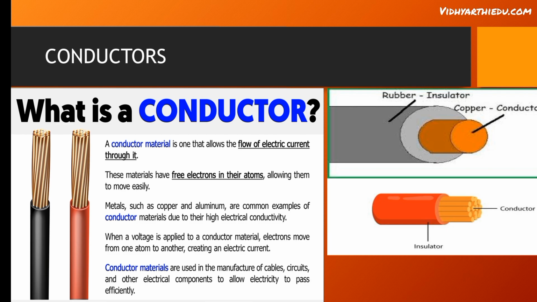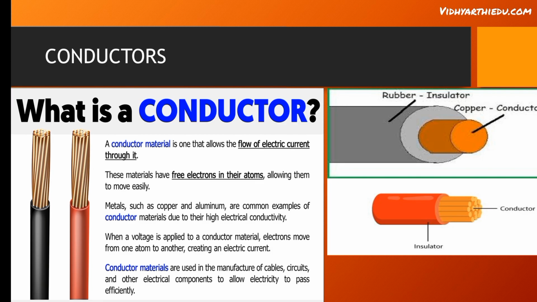Free electrons means, in each atom there is a nucleus, with positive charge and negative charge. If these charges are loosely bound, then the free electrons in that atom will flow whenever electric current is given.